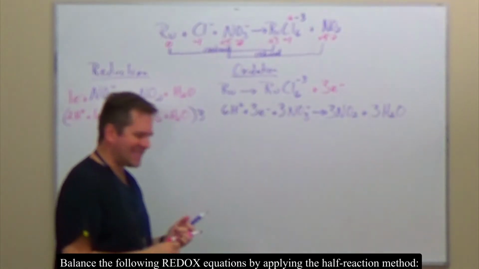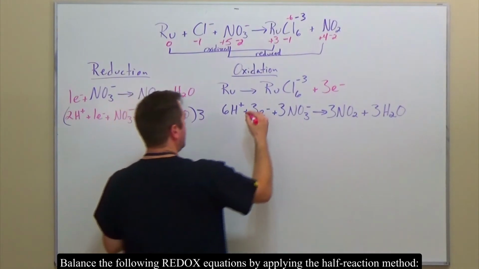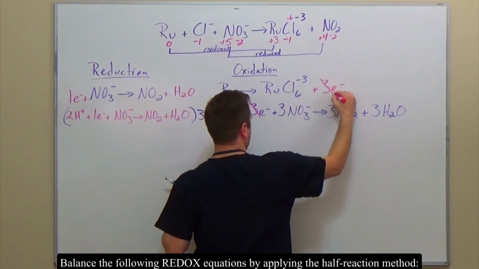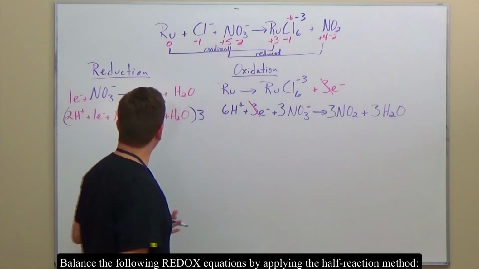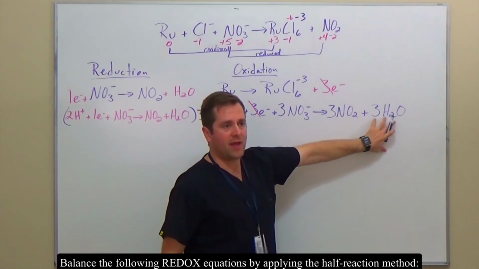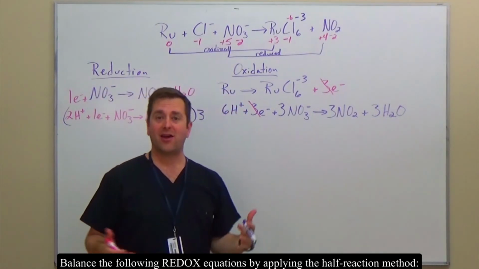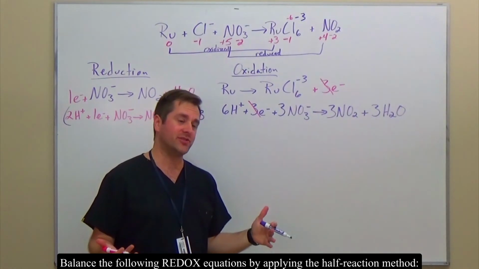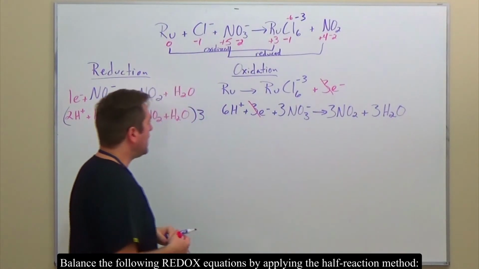All right, let's get into canceling here. Let's get rid of some of these electrons. 3 electrons cancels 3 electrons. Awesome. Now for the waters. Well, there's a problem there. Only our reduction reaction did we have to incorporate water. So we can't cancel any waters. We cannot cancel any hydrogen ions. We're now at the stage where we can consolidate the reaction.